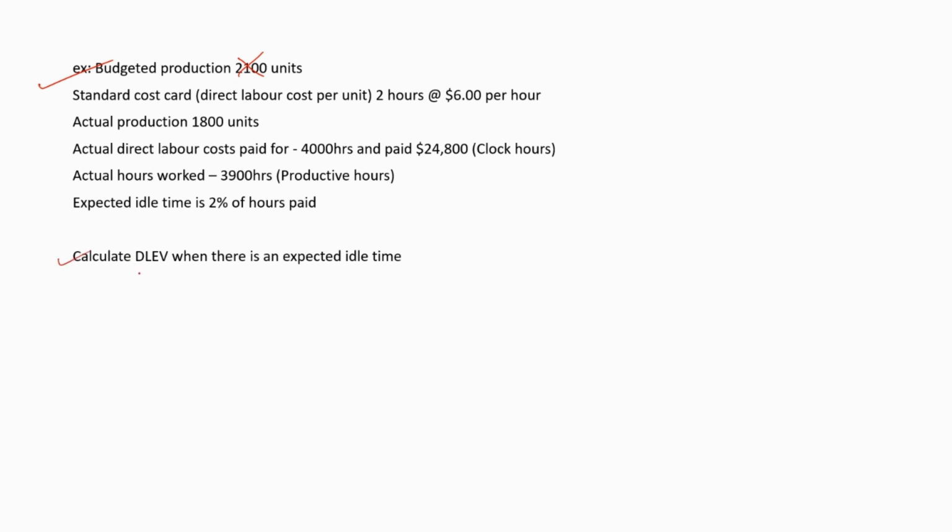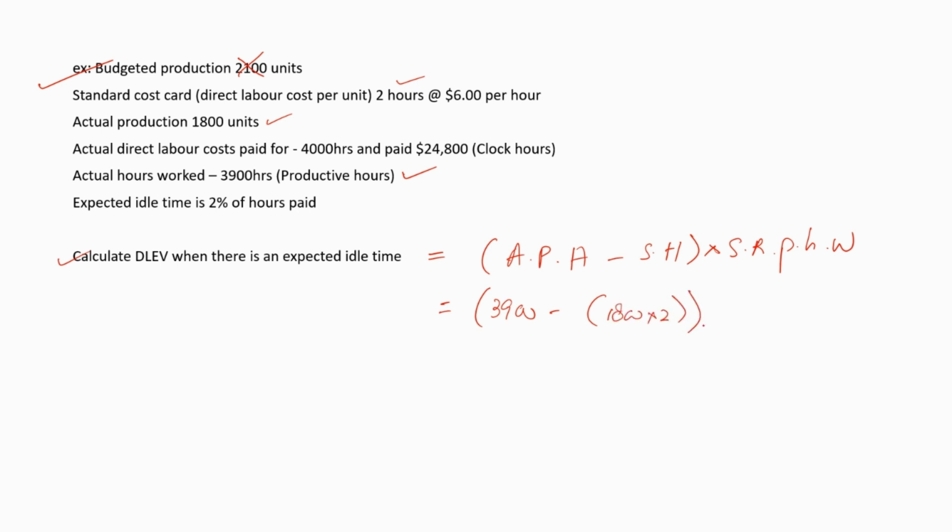Calculate the direct labor efficiency variance when there is an expected idle time, which is equal to actual productive hours minus standard hours multiplied by standard rate per hour worked. What are the actual productive hours? This is equal to 3,900. What are the standard hours? Standard hours is equal to 1,800 multiplied by 2, multiplied by the standard rate per hour worked.